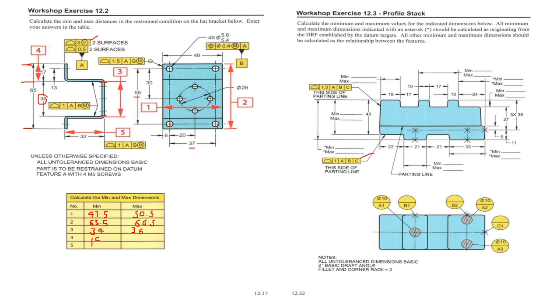So at fourth number, it's 16.5. I'm writing 16.5 here for the fourth number. And the maximum value is 17 plus 0.5. So it's 17.5 maximum.